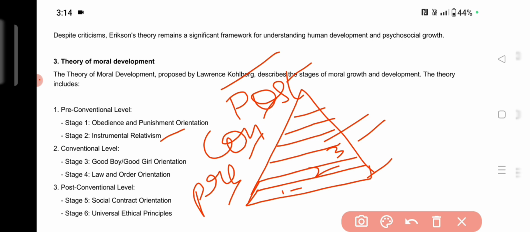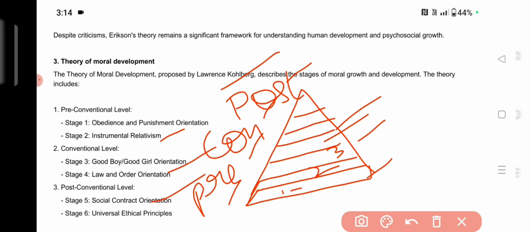So coming to the fifth stage, that is in the post-conventional level, that is social contract orientation, which means individual rights and social contracts, understanding that laws and rules are social agreements. So prioritizing the greater good.